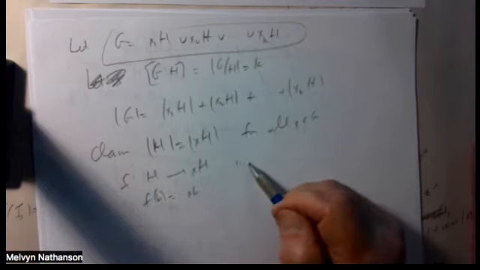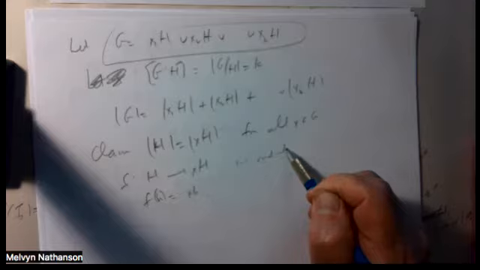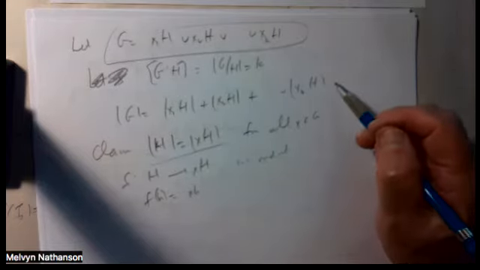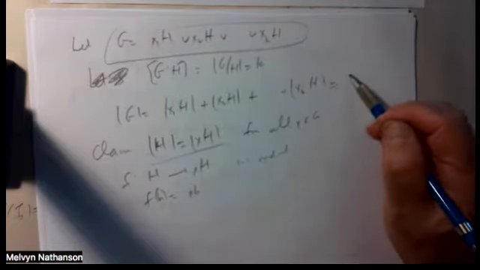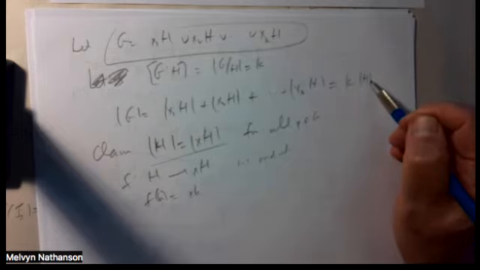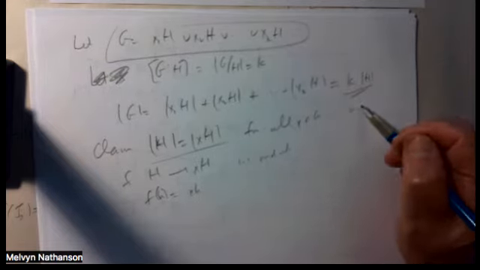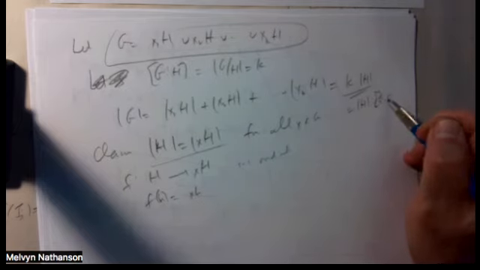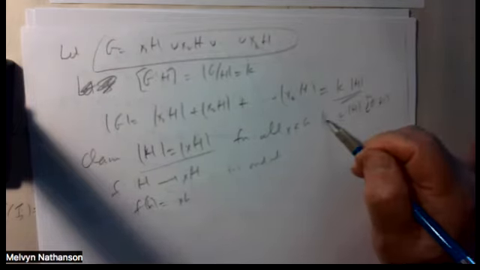So this is one-to-one and onto. And that means these sets have the same size. So this is exactly k times the cardinality of H, which is the index times the order of H. k is the index. So we just proved Lagrange's theorem.